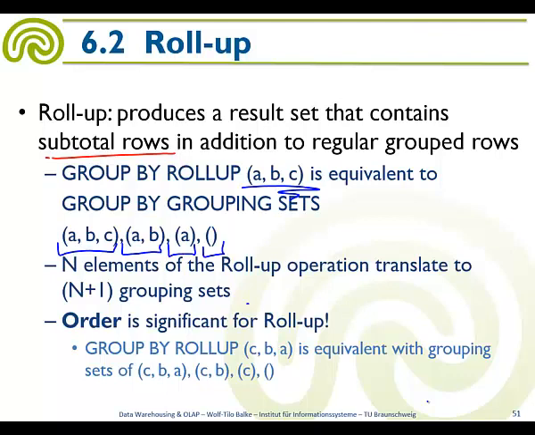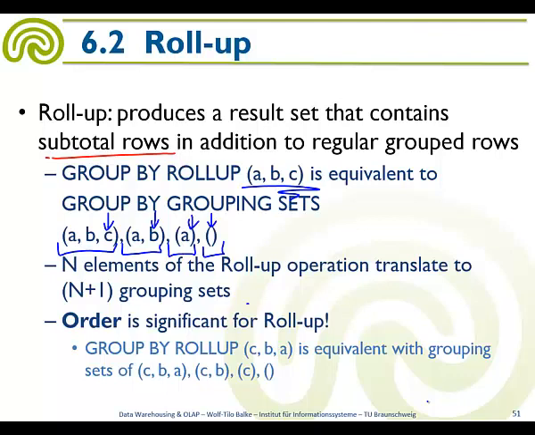So roll-up does the complete subtotals for that grouping set by always leaving the last one out, right? Until you are basically at the apex.